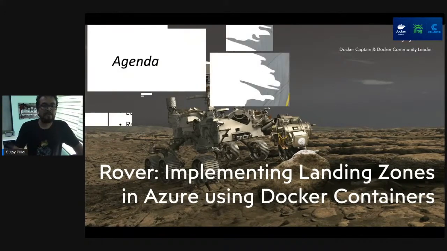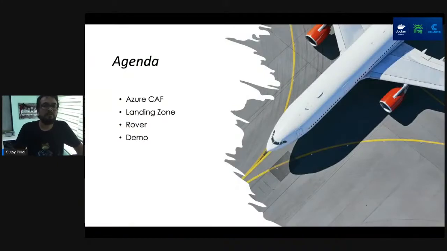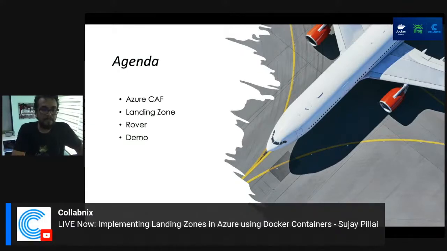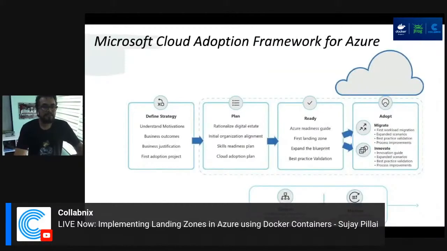So the agenda for the session is to talk about basic things about the Azure Cloud Adoption Framework, understanding what a landing zone is, and the tool I just spoke about, Rover, what it is, and how it can help us build our landing zones, especially in Azure, which you can then adapt to your cloud provider if needed. And we will go through a small demo around it.